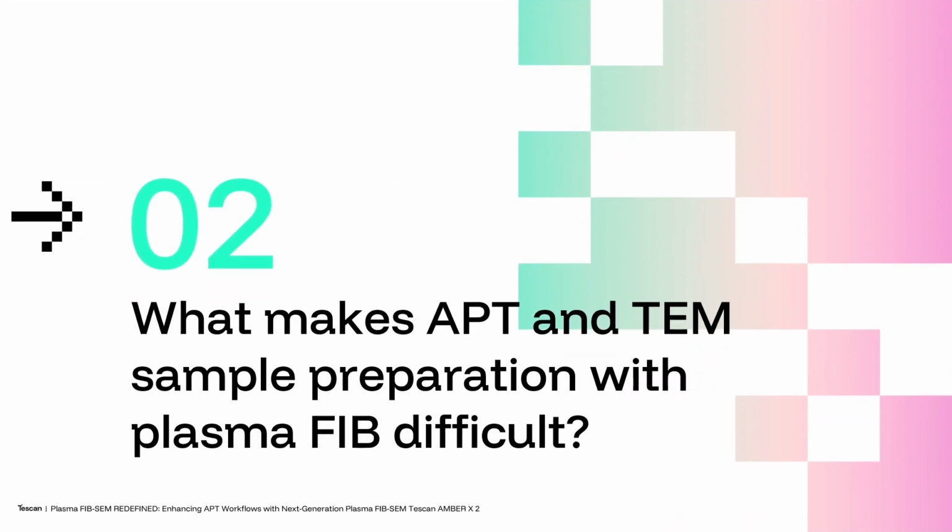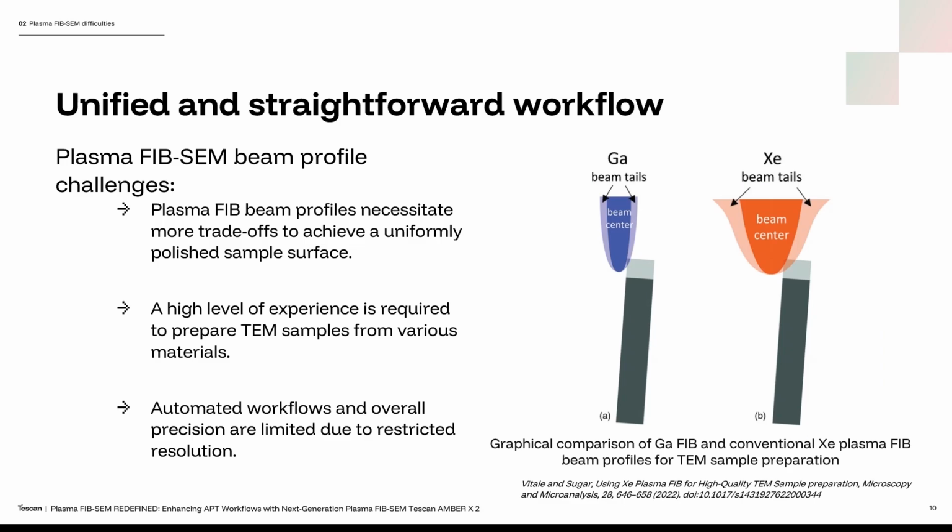Starting with the first challenge, I want to explain what makes atom probe sample preparation or even TEM sample preparation difficult with the plasma FIB-SEM and how TESCAN AMBER X2 is changing the game. Additional concerns about plasma FIB-SEMs arise from differences in beam profiles compared to gallium FIB-SEMs.